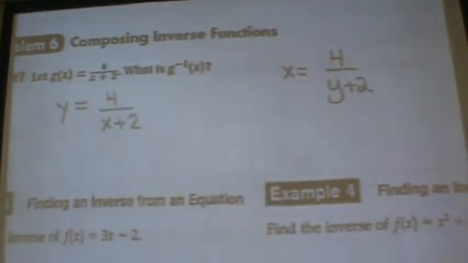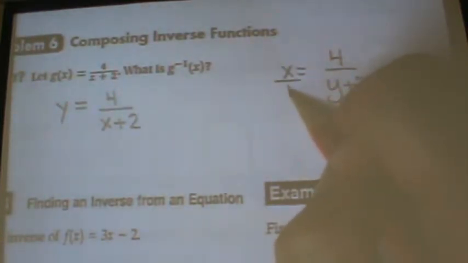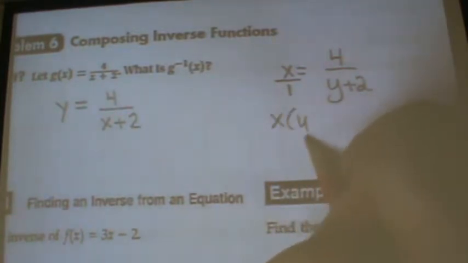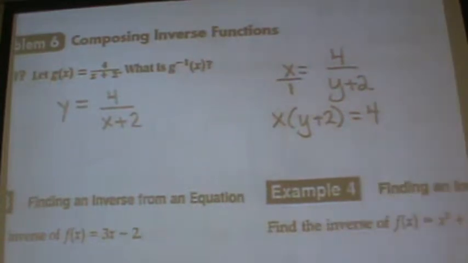Now, would you know how to resolve this for y? How about if I put a 1 under here, can you cross multiply? What's 4 times 1? 4.